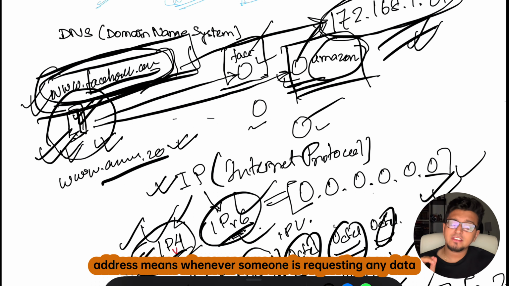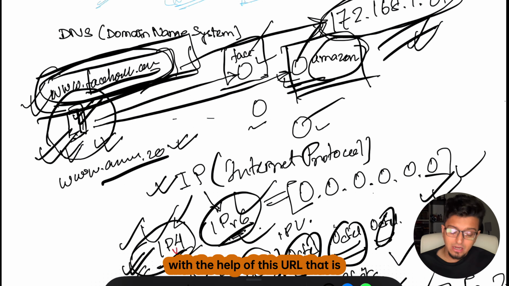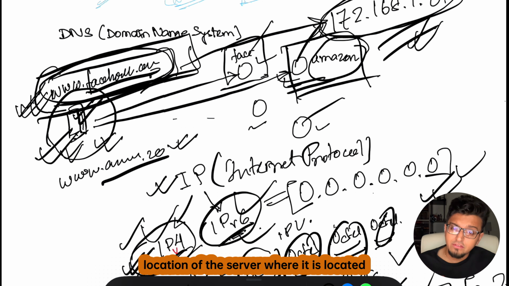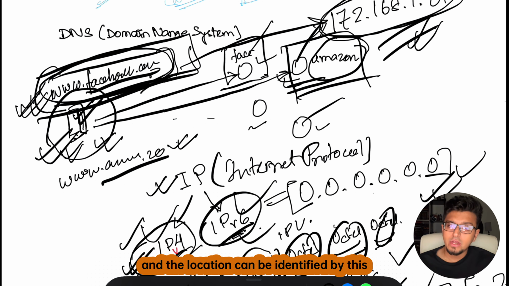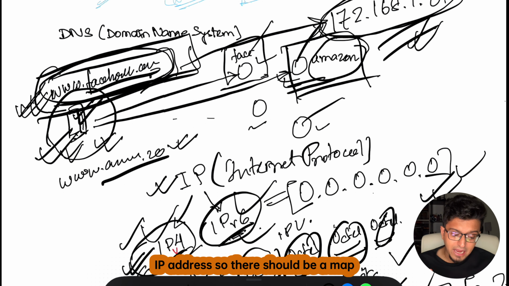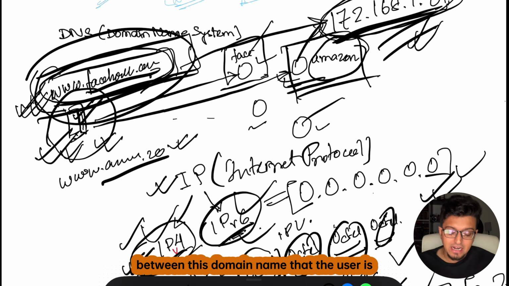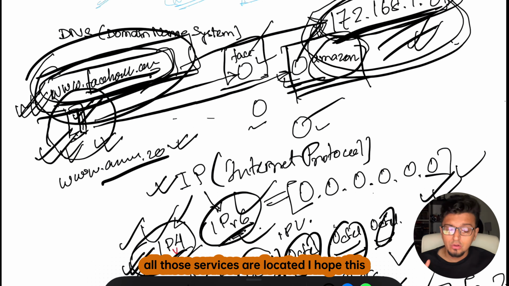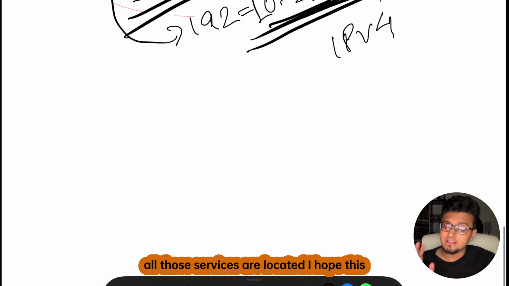Whenever someone is requesting any data with the help of this URL, facebook.com, somehow I have to get the location of the server where it is located, and the location can be identified by this IP address. So there should be a map between the domain name that the user is typing and the server IP address on which all those services are located. I hope this is clear.